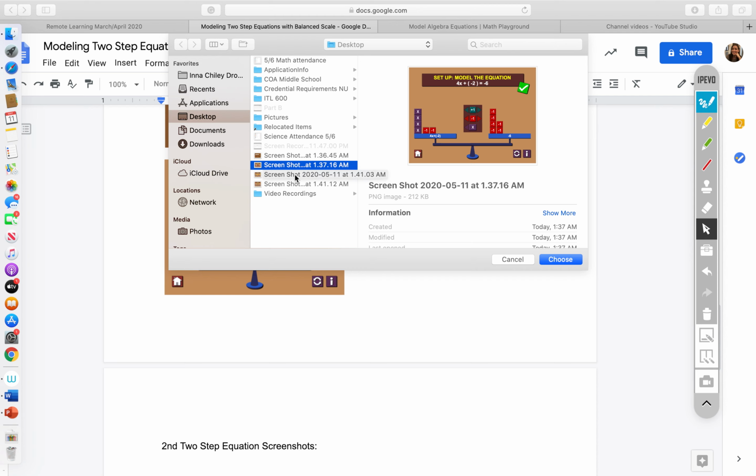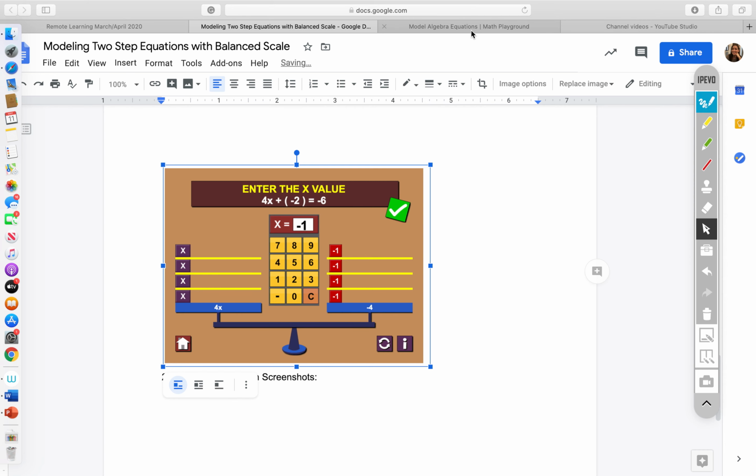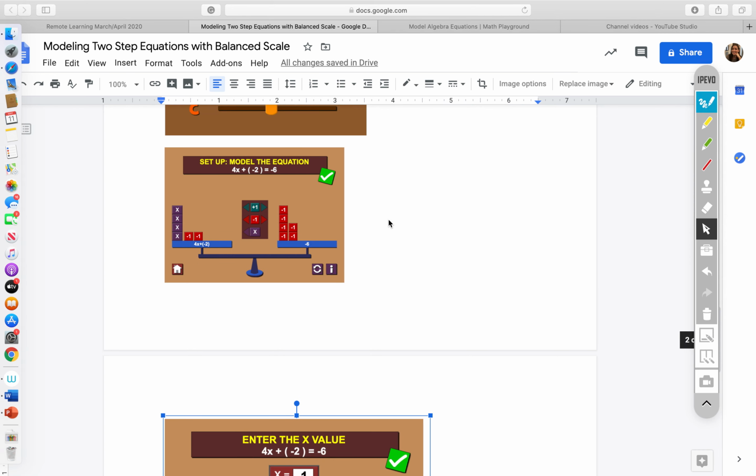And I forgot my screenshot where I isolate the X tiles. I need a screenshot where I isolate the X tiles.